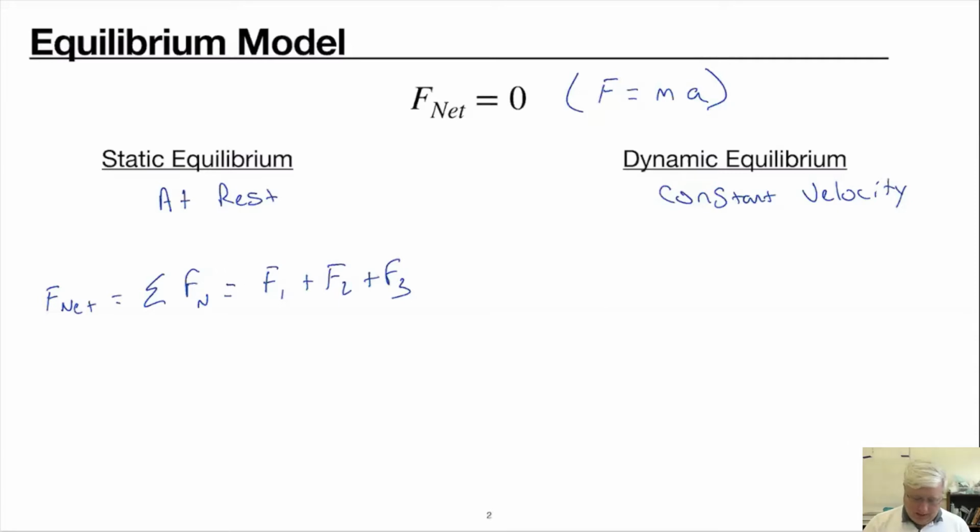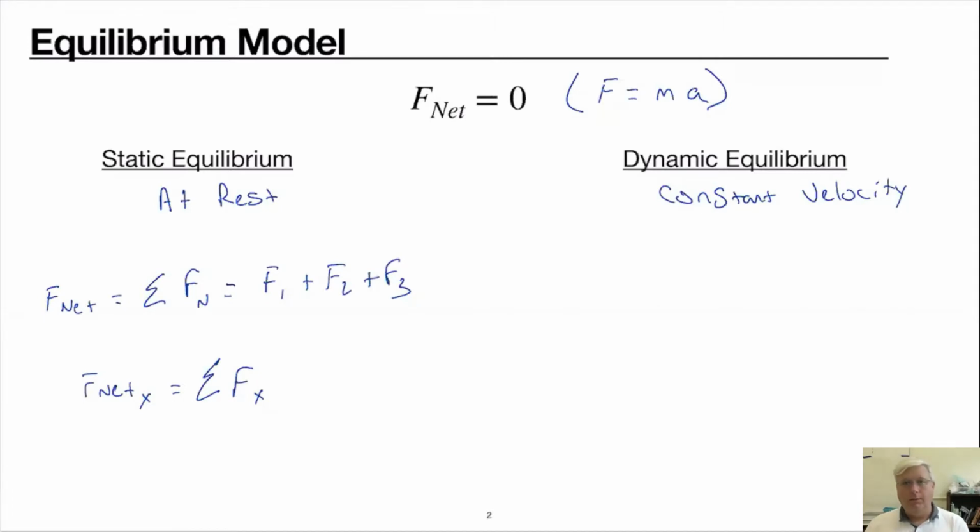And then if we have two dimensions, there's a simple thing that we can do. We just break up the x and y components. We would say there's a net force in the x direction, which is the sum of all the forces in the x direction. So it'll be the x component of force 1, the x component of force 2, however many forces. We just add up all those x components.